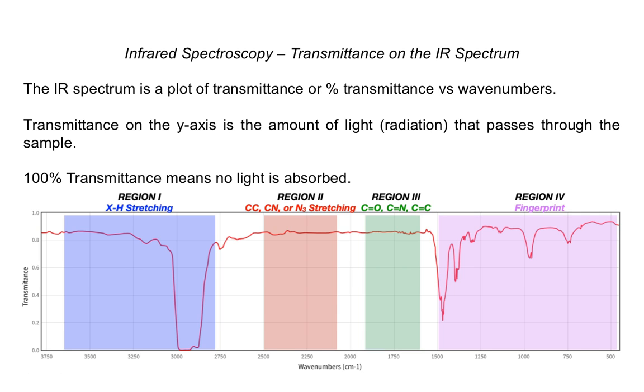So again, the y-axis is transmittance. The x-axis is wave numbers, or another way of putting it, it's the energy.